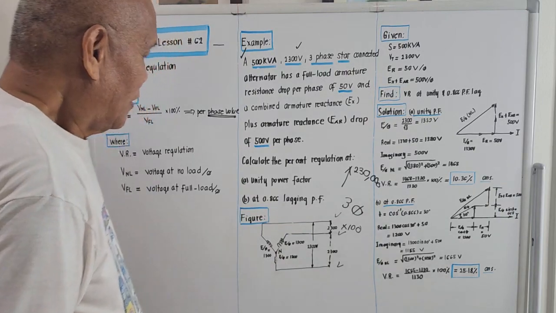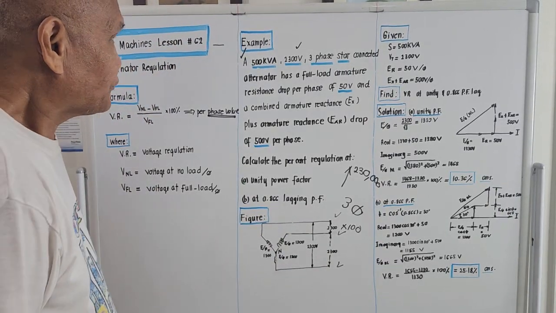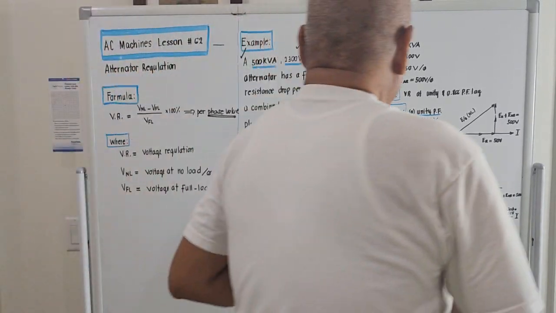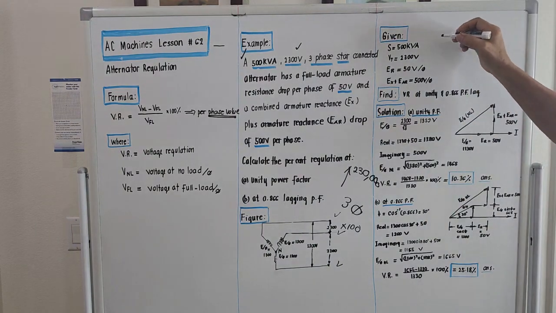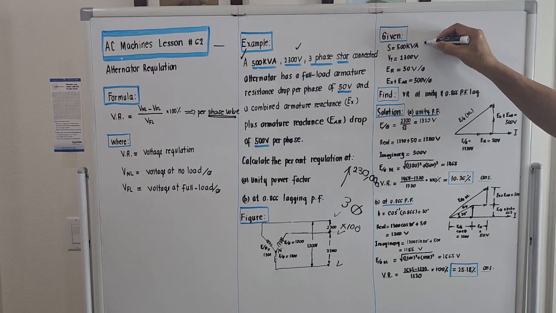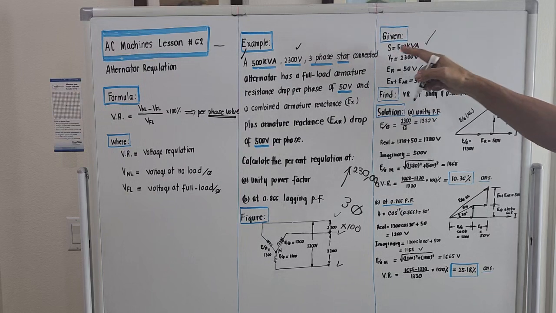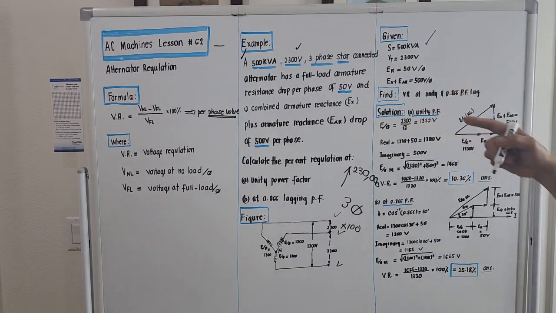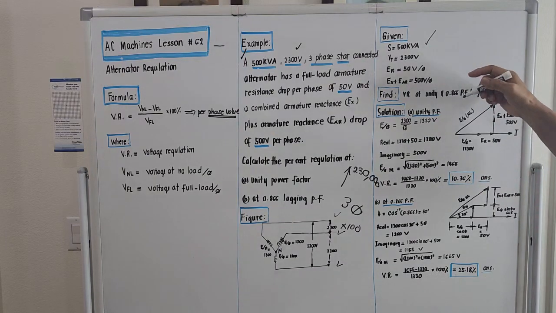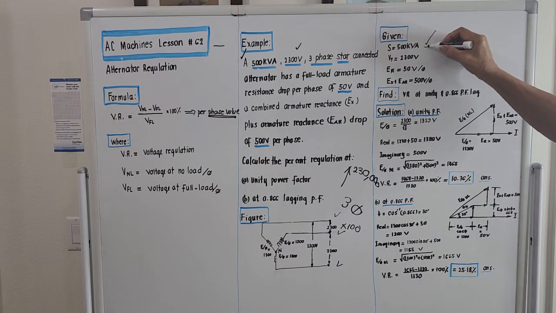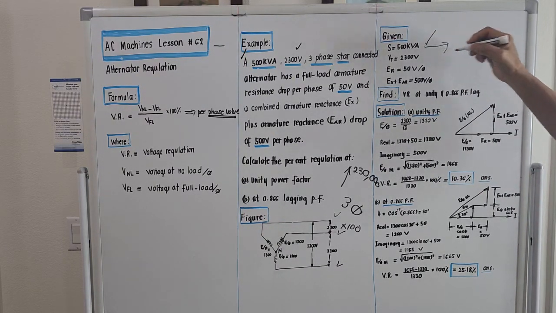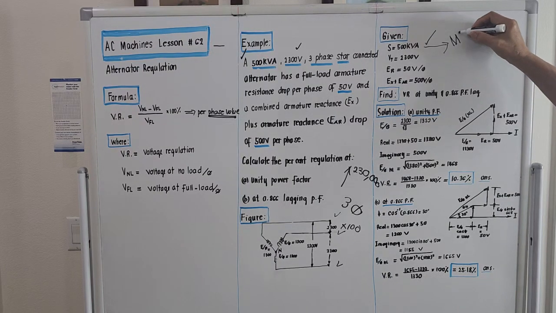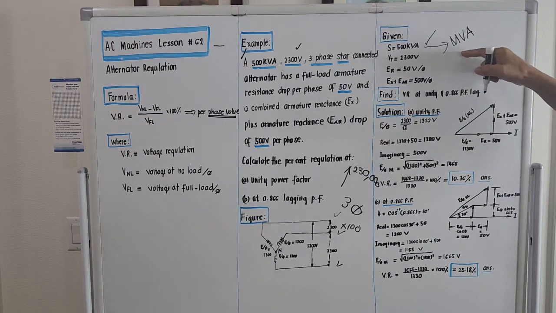Right? Okay, let's continue. The given apparent power generated by the alternator, the rating of the alternator, is 500 kVA. S is apparent power, right? Under the study of AC circuits, 500 kVA. This is still small, because a big apparent power should be in MVA, million volt-amperes.